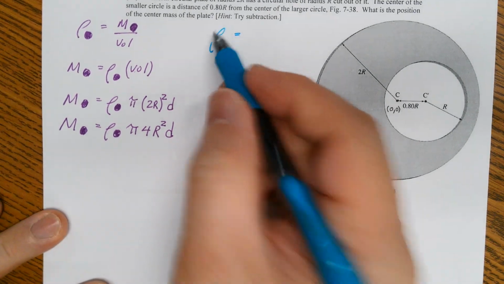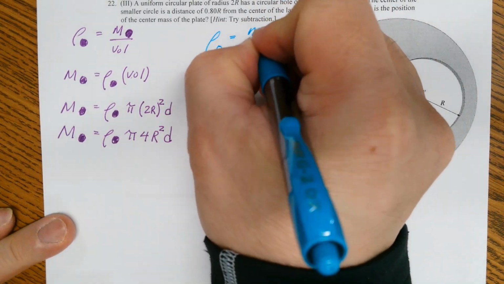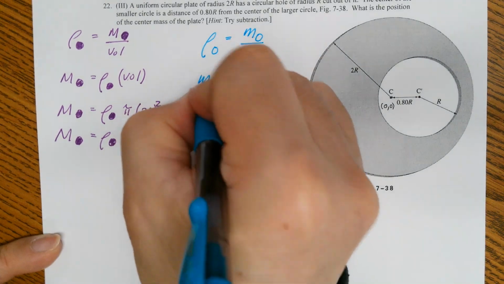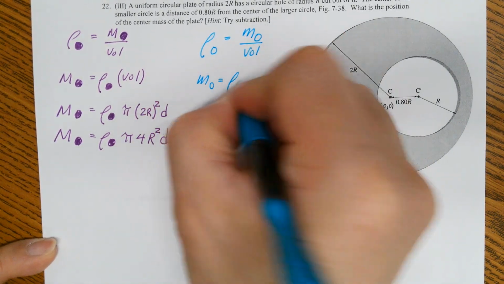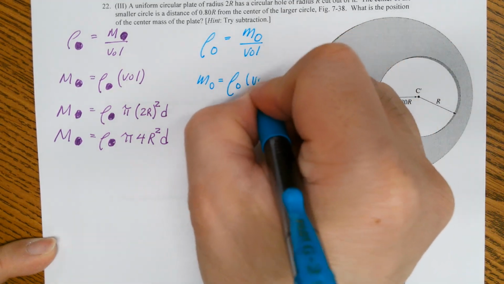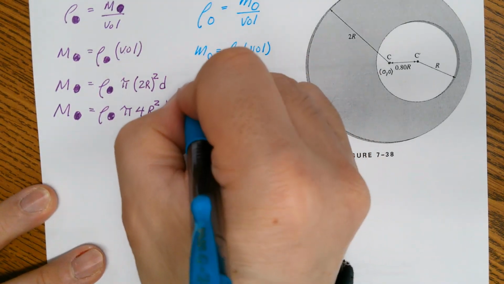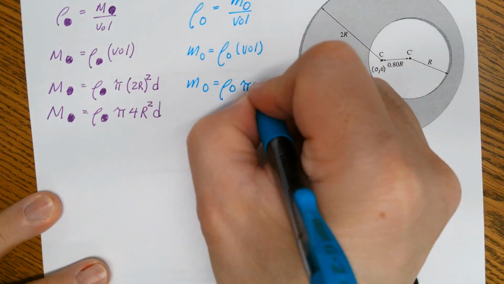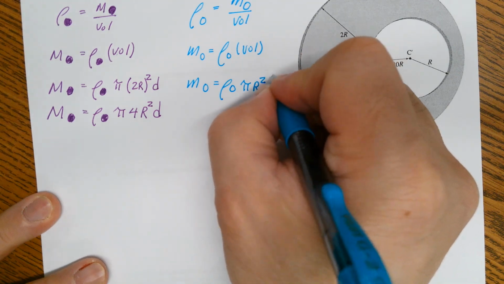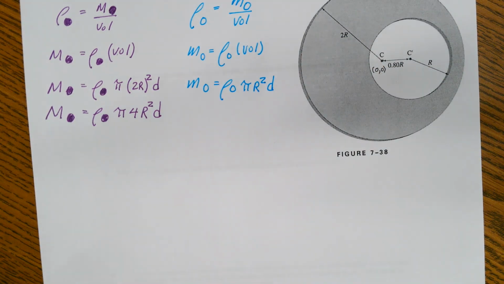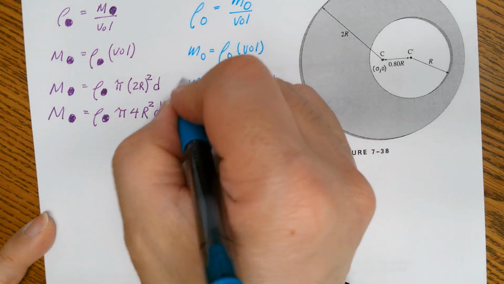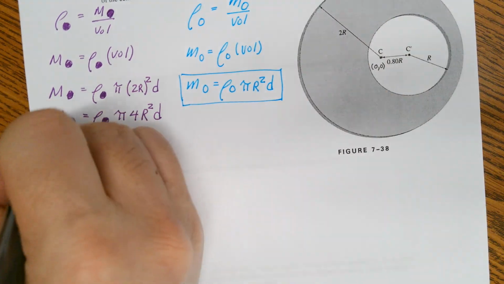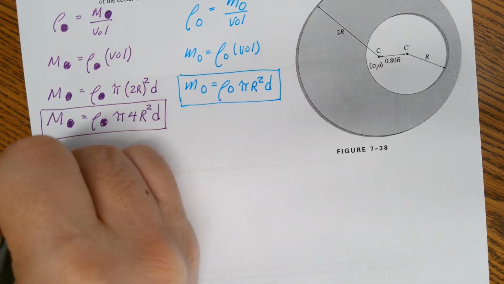So the mass of the hole becomes rho times the volume, which is pi r squared d. This would be the mass of the hole they're going to cut out, and the other is the mass of the solid they're going to work with.